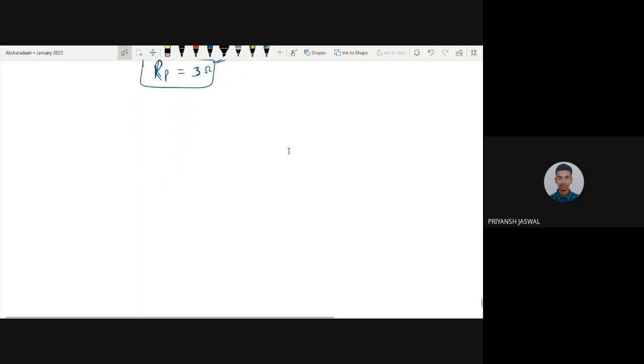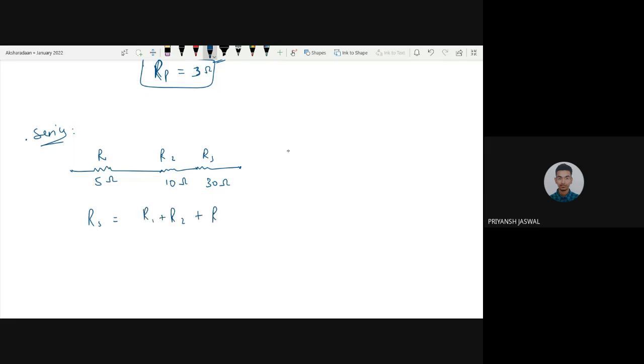Let me give an example for series. If I connect these three resistors only in series combination, just extending the question, R1 is 5 ohm, R2 is 10 ohm, and R3 is 30 ohm. So the net resistance of the series will be the summation of all the resistances in series.